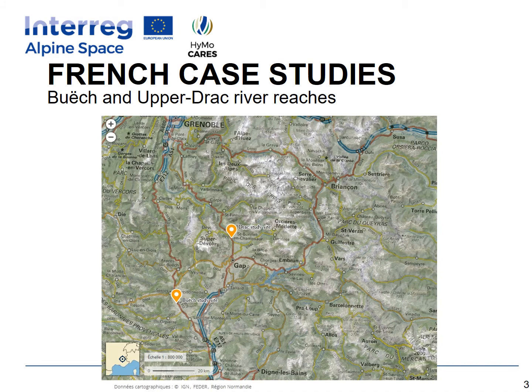Two case studies located in the southern French Alps, the Buech and the Upper Drac, which are two gravel bed rivers, were restored with sediment replenishment actions. The morphological changes associated with these actions were monitored during the HyMoCARES project.